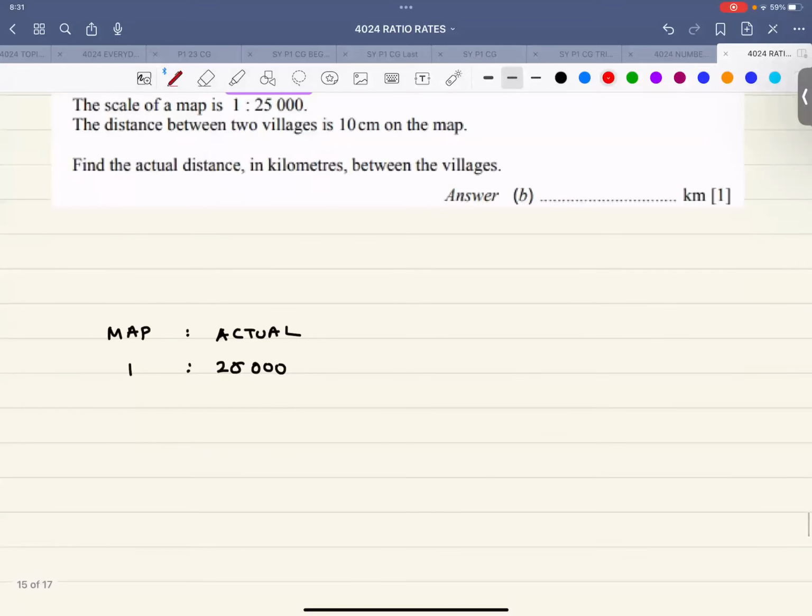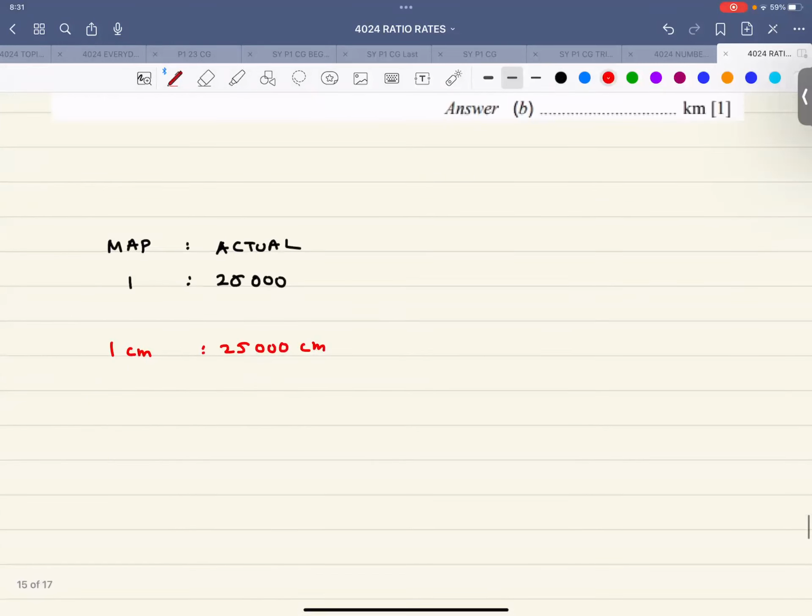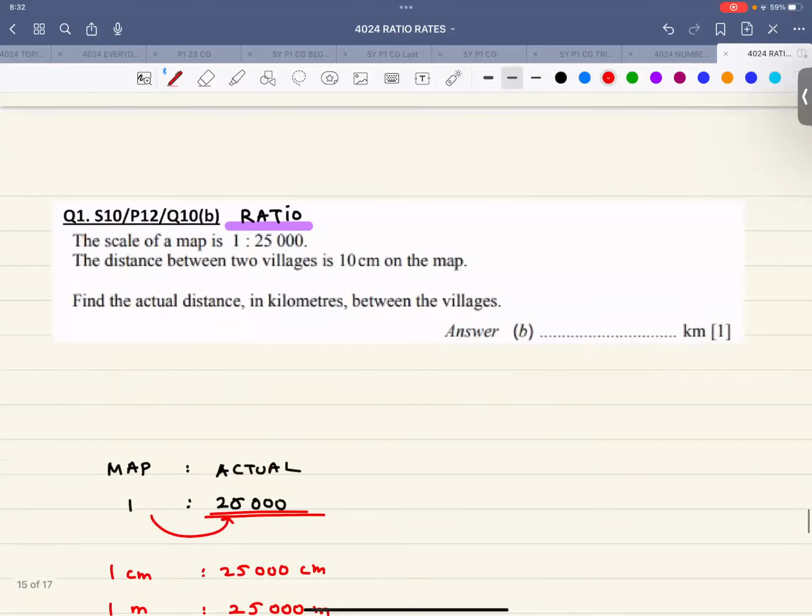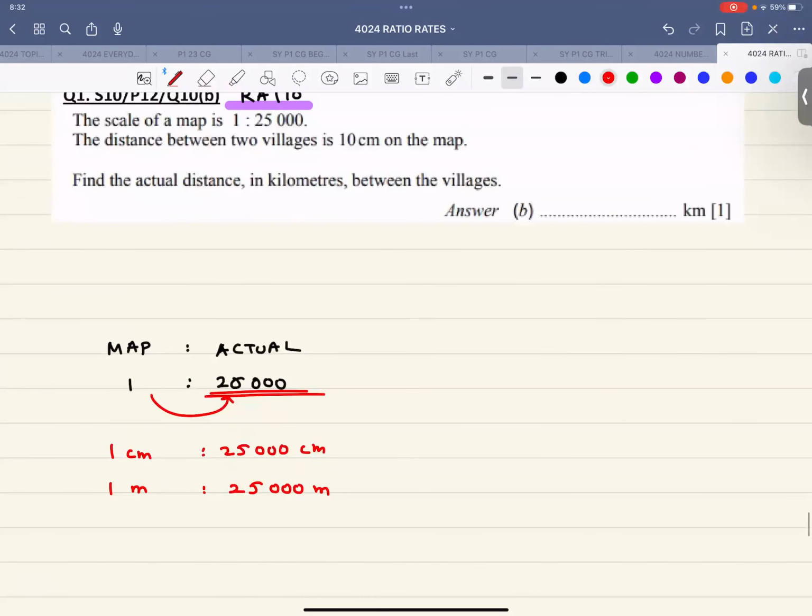What it means is that if I'm talking about 1 centimeter, it will be 25,000 centimeters in real life. If I talk about 1 meter on the map, which of course is not possible, maybe the map is long enough, in reality it would mean 25,000 meters. It will be 25,000 times the original. That's what it means.